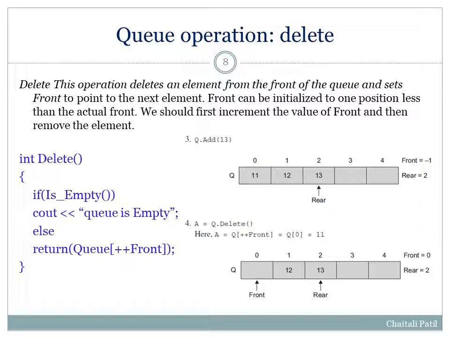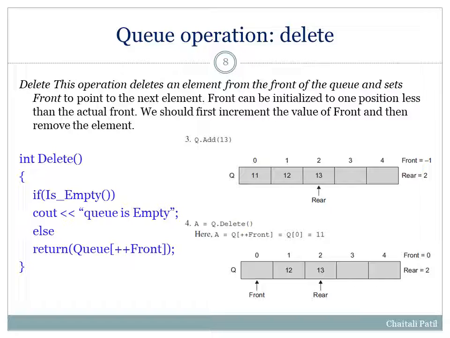In the delete operation, again we will check whether the queue is empty or not. Like the isFull function, there is one more function, isEmpty. It will check whether the queue is empty or not. If the queue is empty, then in the delete operation we have to give a message that the queue is empty.